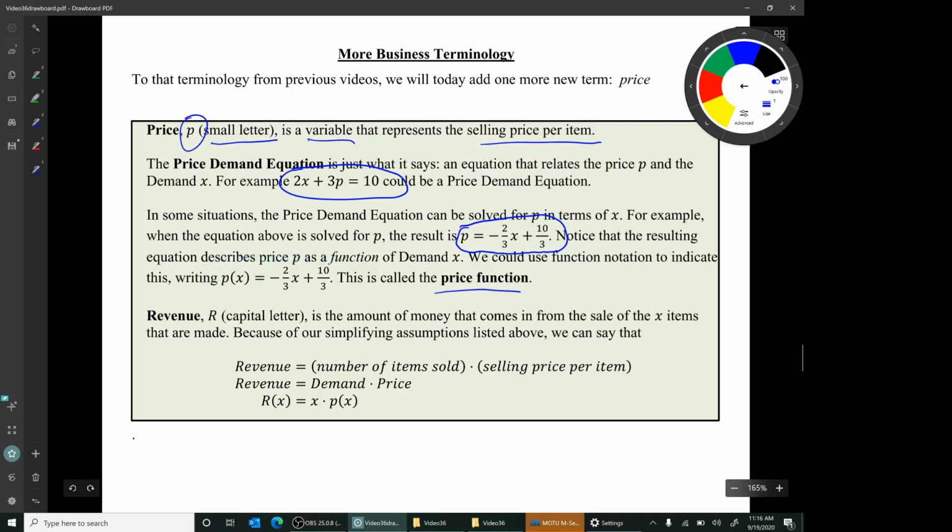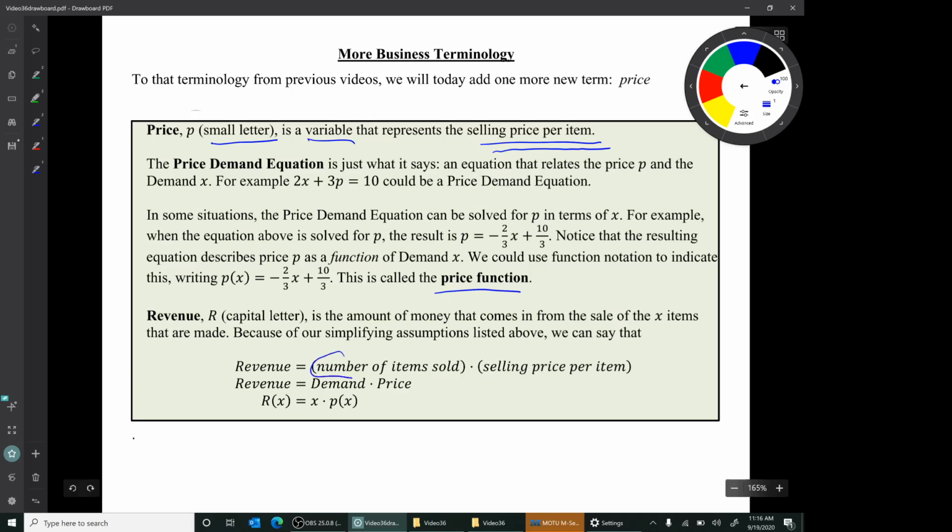Now let's revisit the idea of revenue. In previous videos, revenue was just a given function that described how much money came in from selling a certain number of items. But now that we have the idea of selling price per item, we can revisit revenue, because how do you get money from selling items?